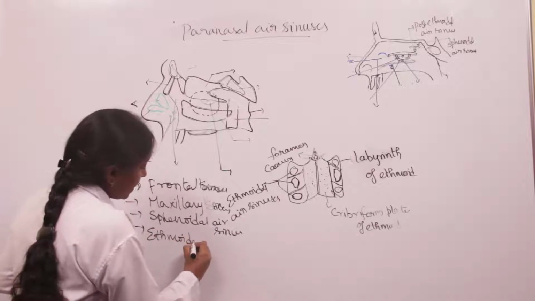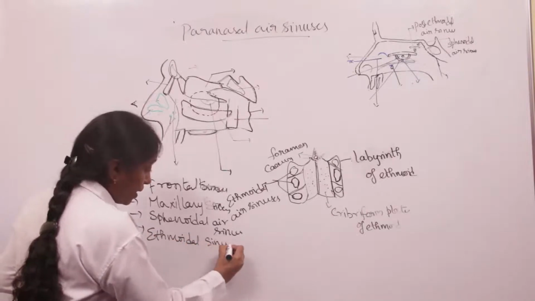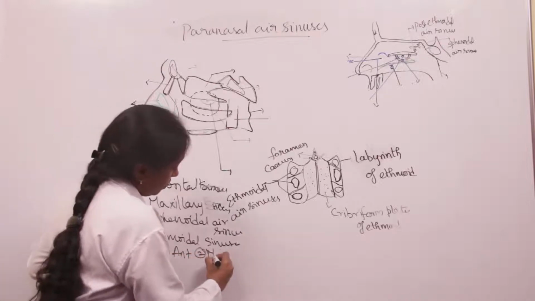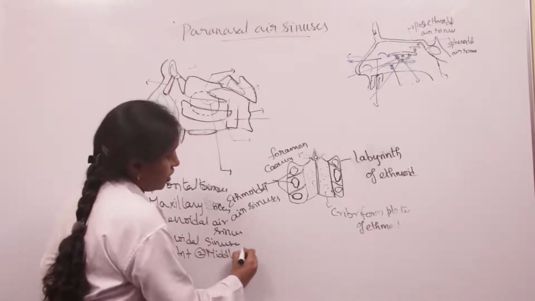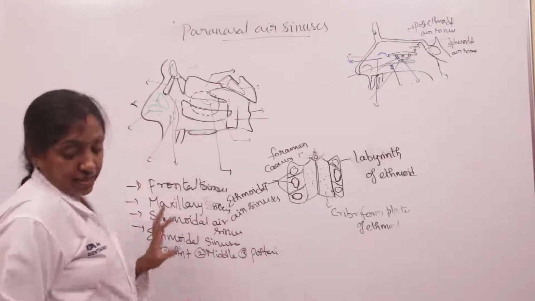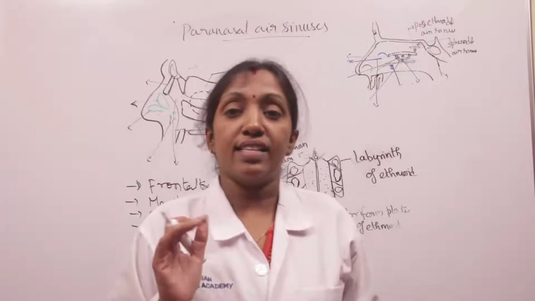These ethmoidal air sinuses are 3 in number: anterior, middle, and posterior. Okay, these are the paranasal air sinuses. They are present in the bones around the nasal cavity.